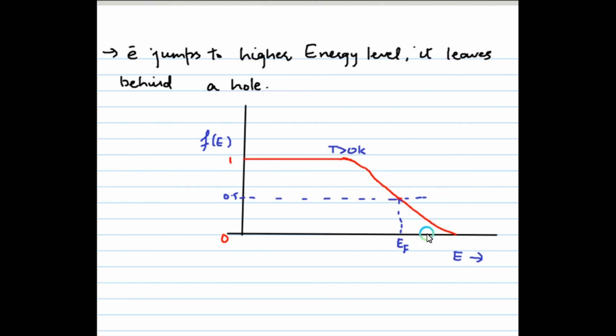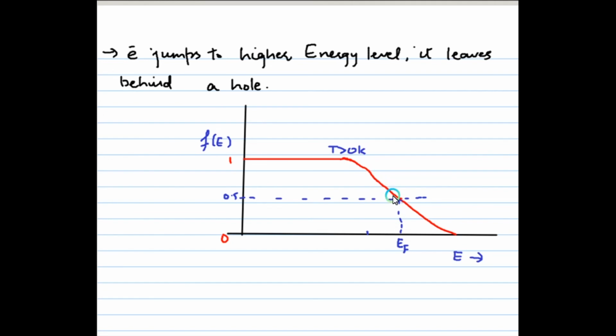So the probability that an energy level at a distance of dE below EF is empty is the same as the probability that the energy level above EF at the same distance dE is occupied.